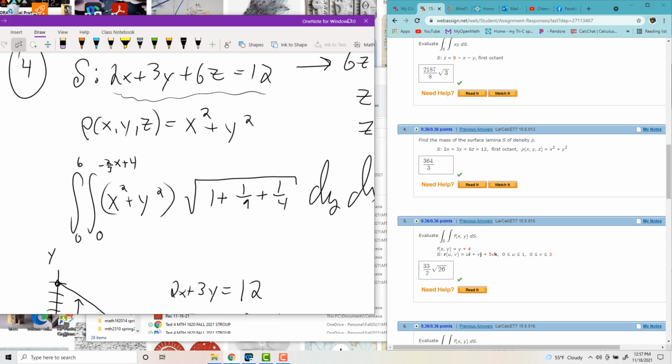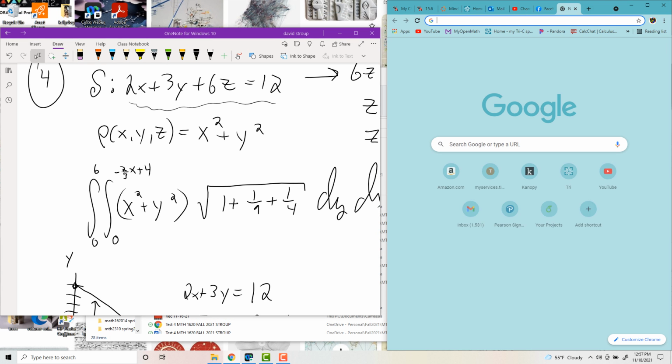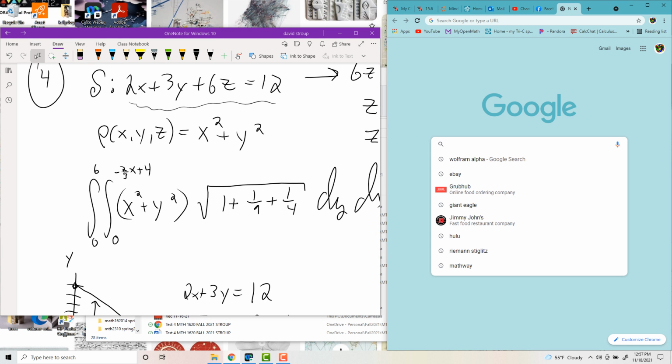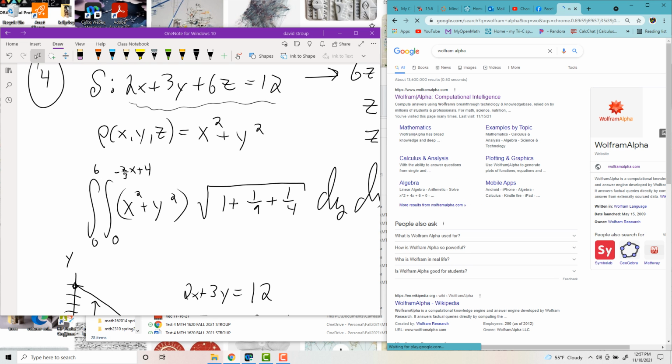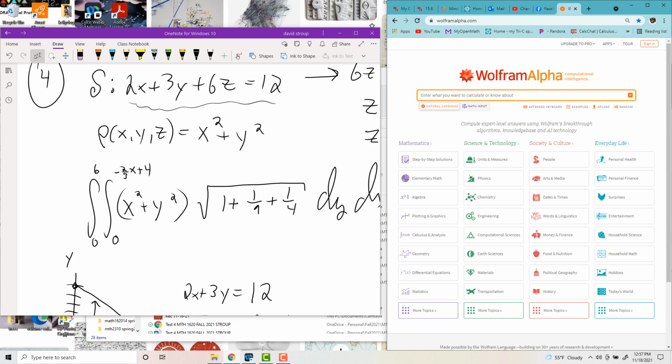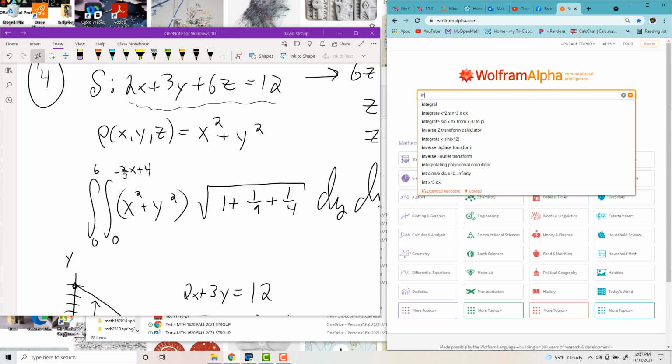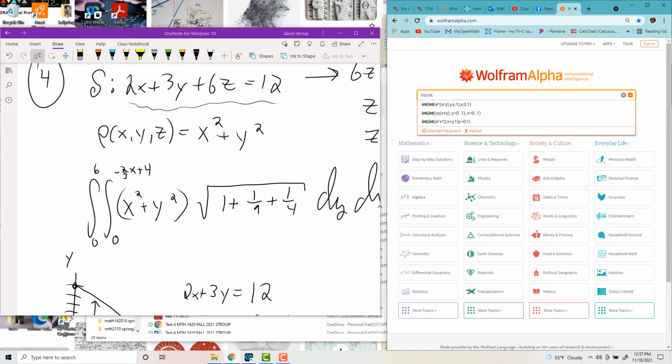But you know, you can always check your answer before you submit by going to like Wolfram and then typing it in and making sure you get the right answer, right? So int of x squared plus y squared.